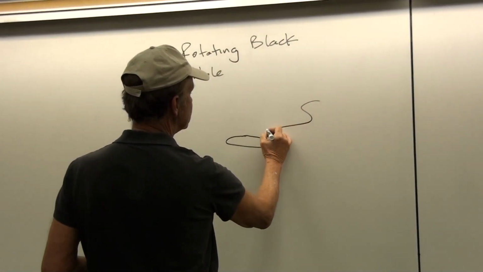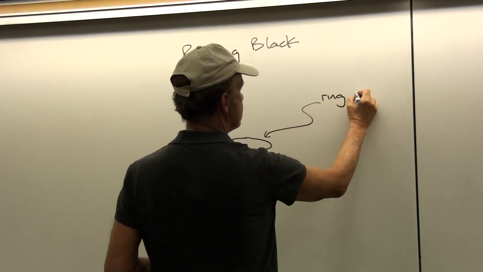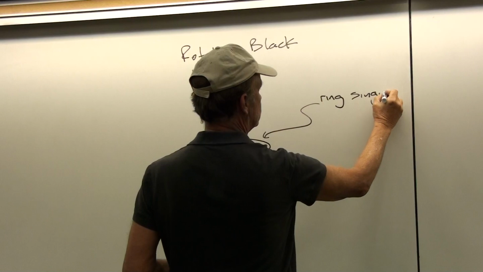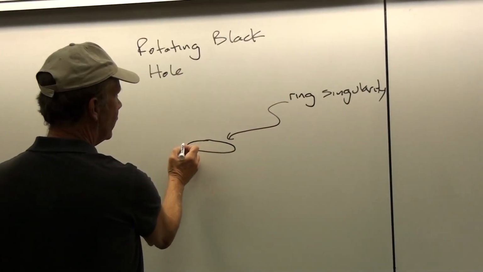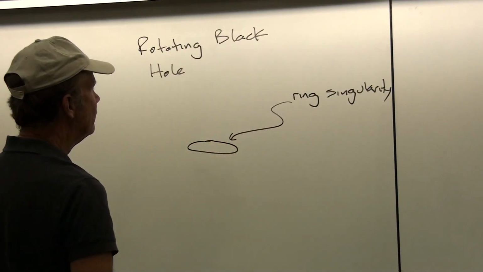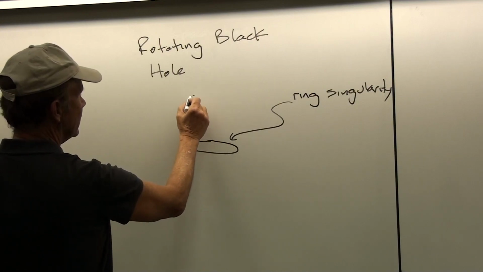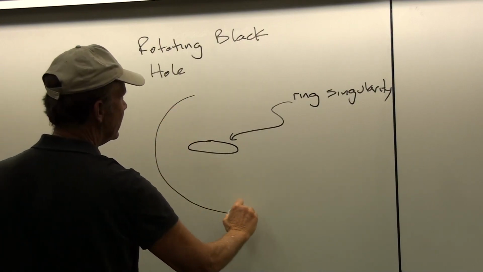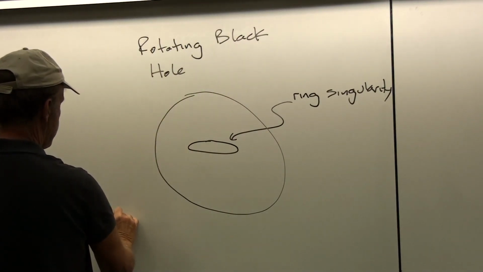Instead of a point singularity, we have a ring singularity. And so this is a one-dimensional ring looped back around on itself with a void in between. Surrounding the ring singularity, you have not one event horizon, but two. Here's your inner event horizon.